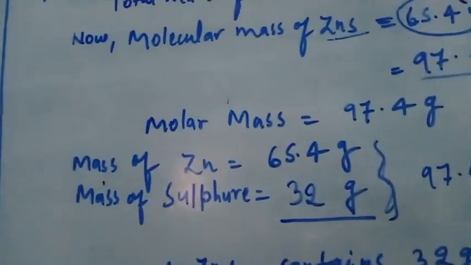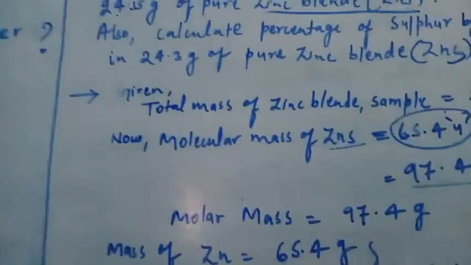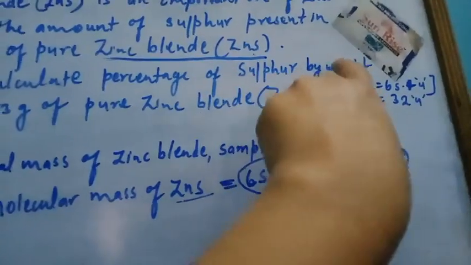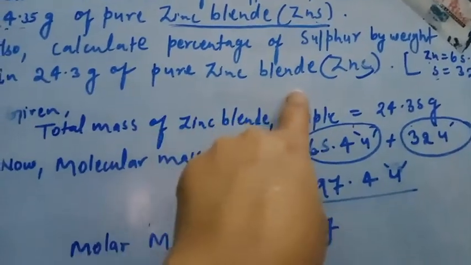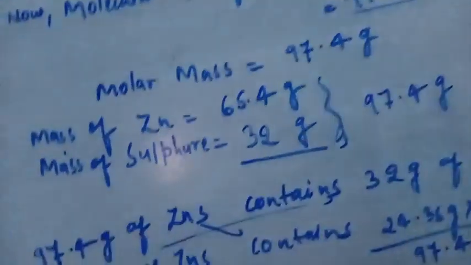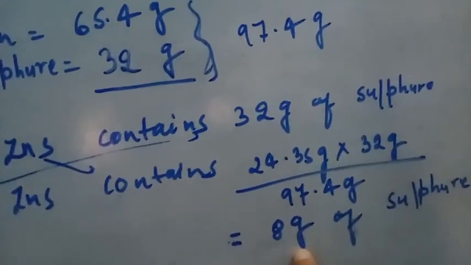From there also the percentage can be calculated. Before this you would have calculated the percentage, but I have specifically written to calculate the percentage of sulfur by weight in 24.3 gram of pure zinc blende. So it is preferred to calculate the percentage after getting the amount of sulfur.